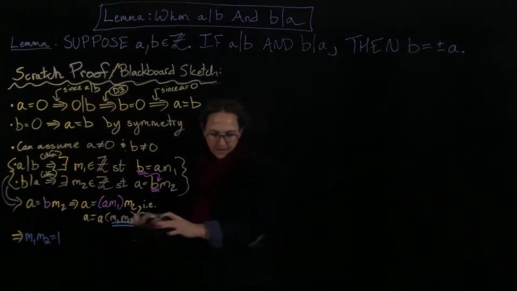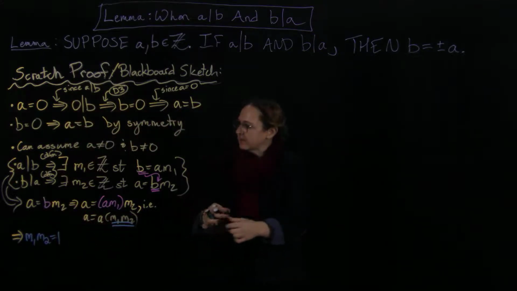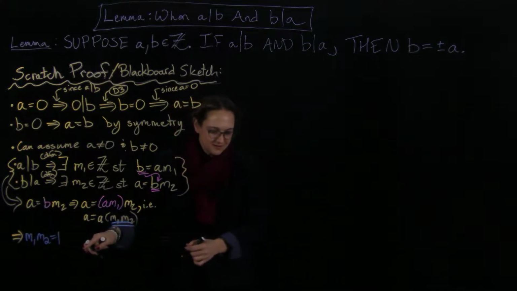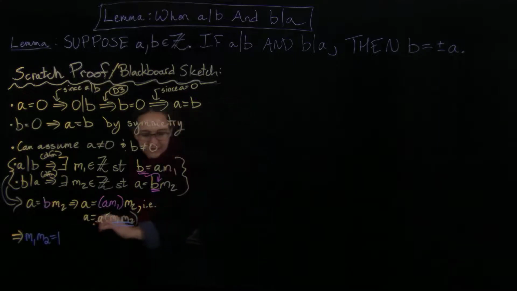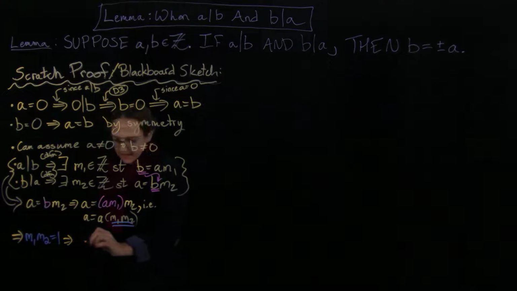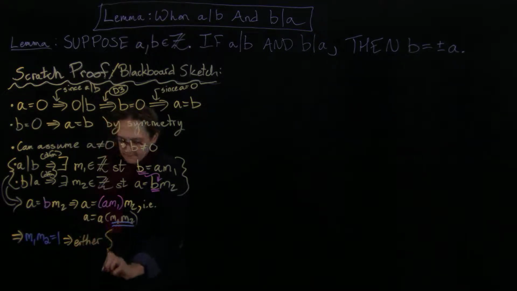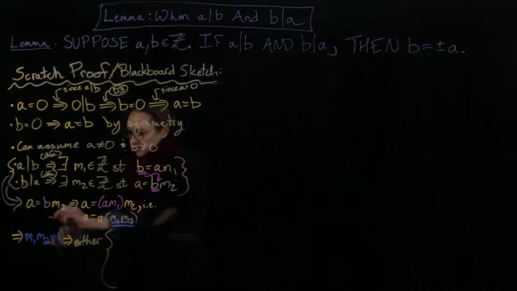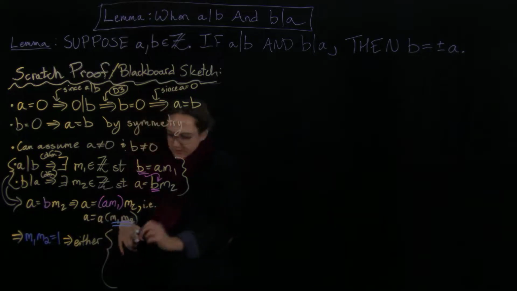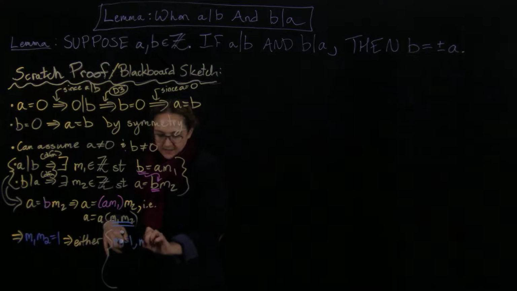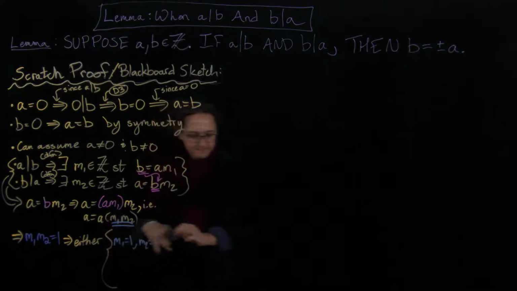So now I know what the possibilities are: I've got two integers that multiply to 1. So I have two possibilities. I either have M1 equals 1 and M2 equals 1.